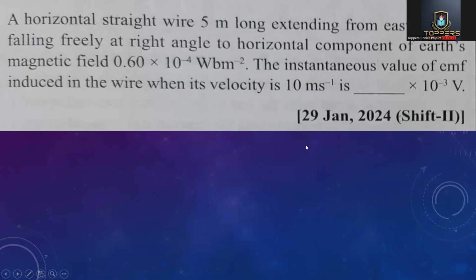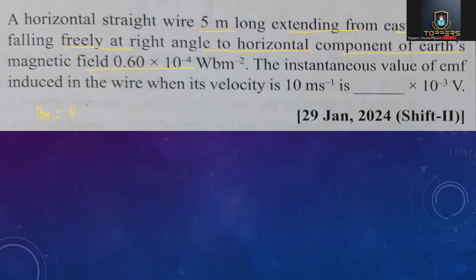What they are asking: a horizontal straight conductor wire of 5 meter long extending from east to west, free falling at right angle to the horizontal component of Earth's magnetic field. Earth's magnetic field means BH.